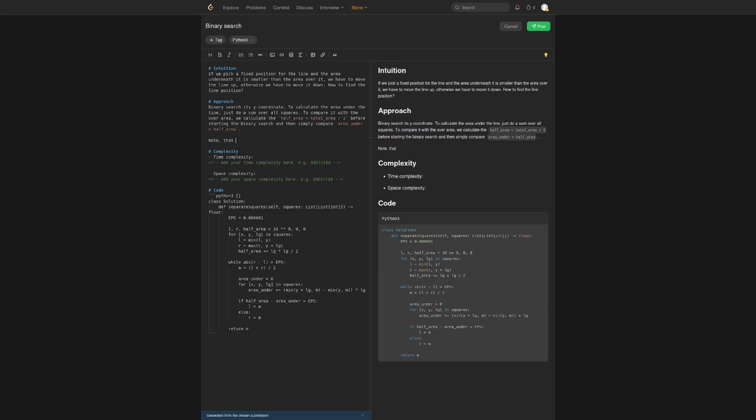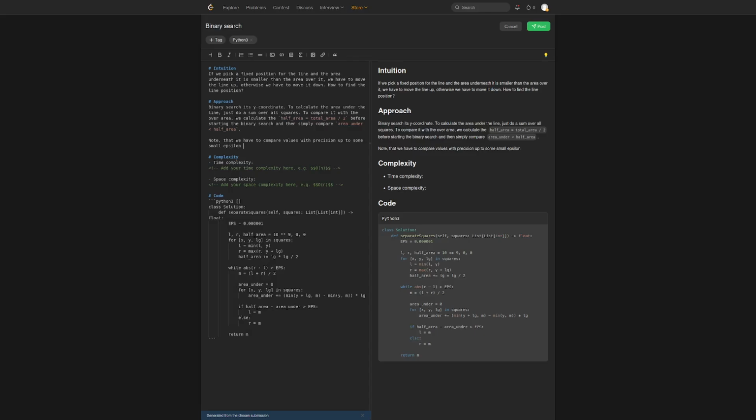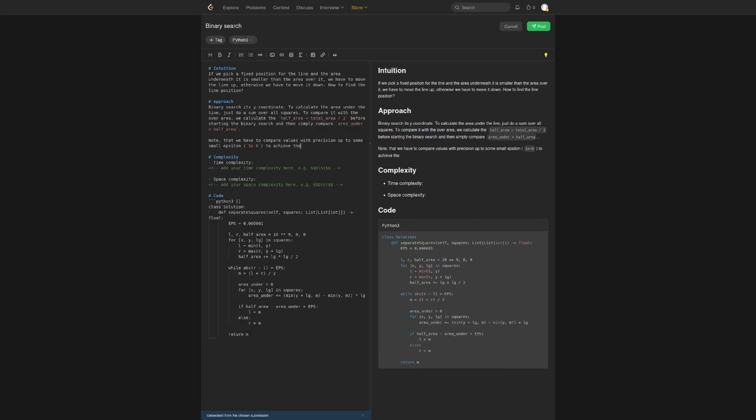Note that we have to compare values with precision up to some small epsilon, 1e minus 6, fair enough, to achieve the required accuracy.